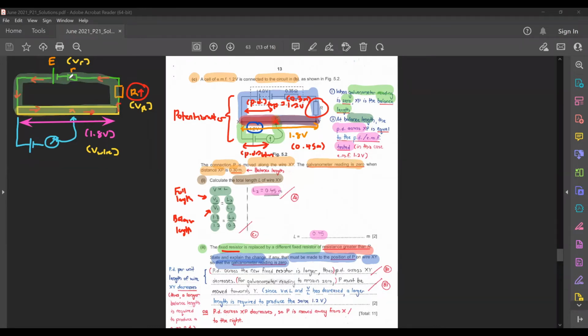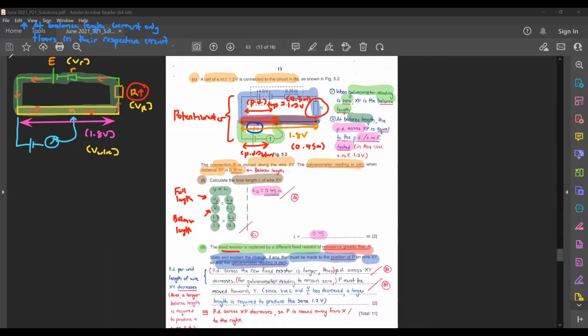Now, if you recall what we learned in potentiometer before this, it was mentioned before that at balance length, in other words, when your galvanometer reading is already 0, current only flows in their respective loop, in their respective circuit.